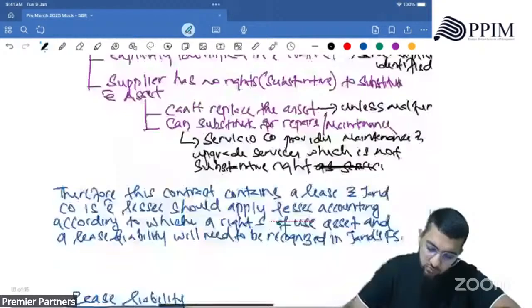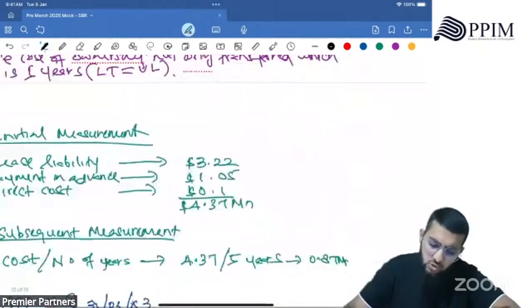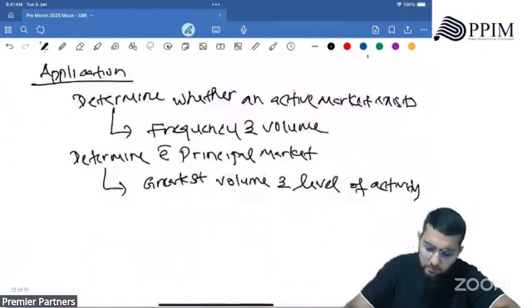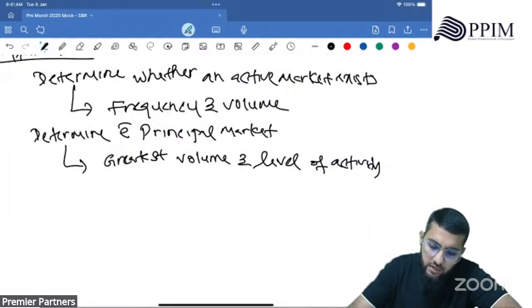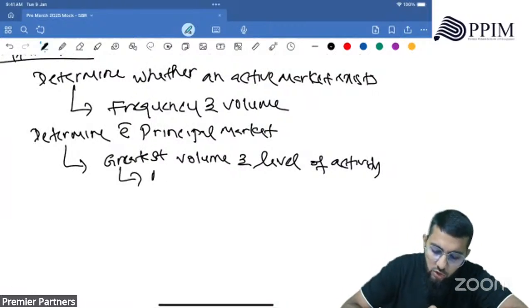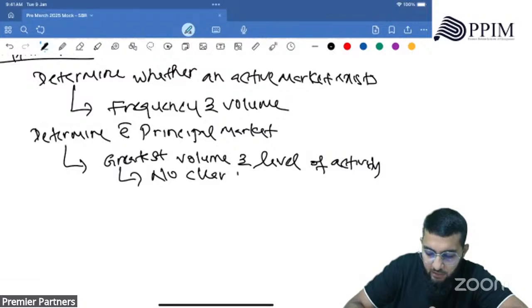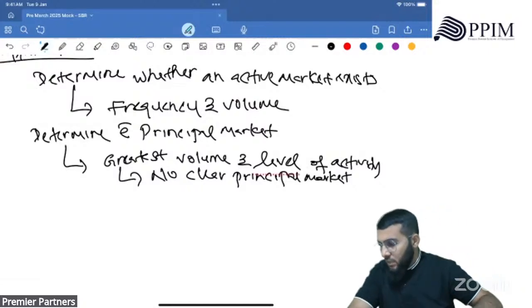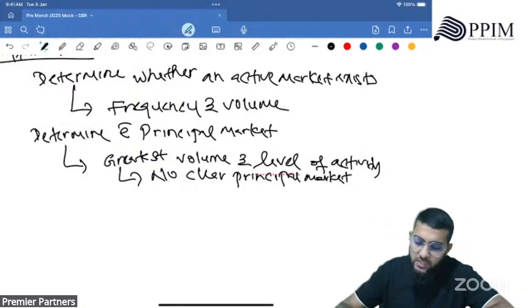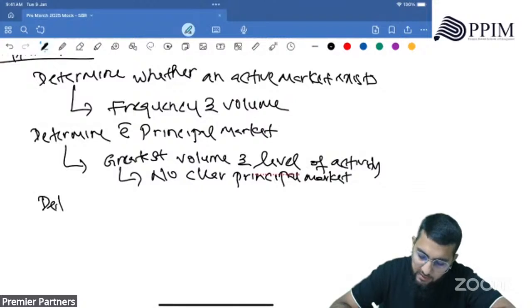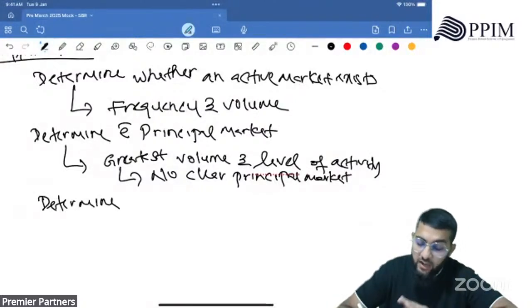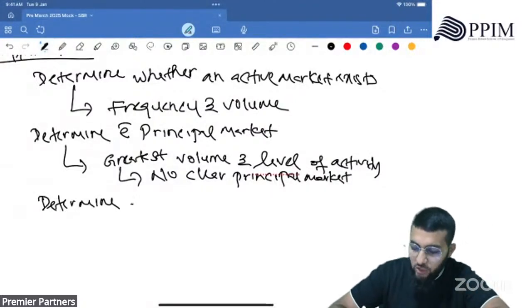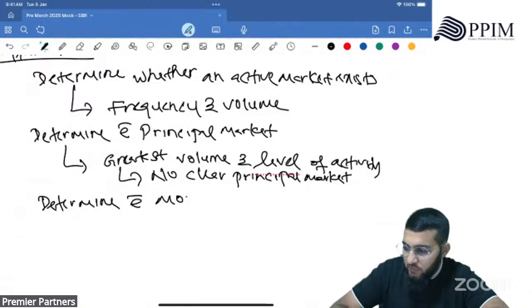So there we are able to determine there's no clear principal market. So when there is no clear principal market, you have to have full knowledge of IFRS 13. Determine the most advantageous market.